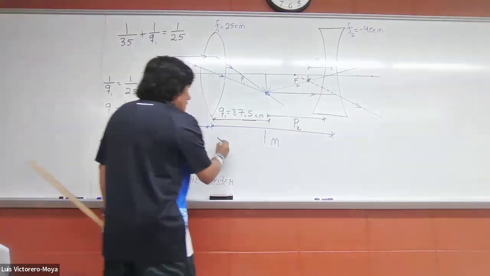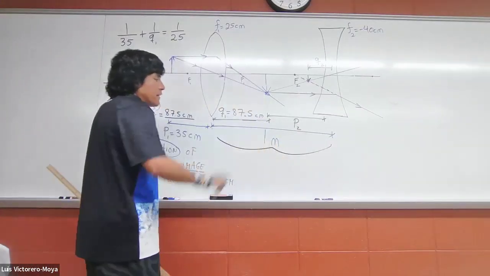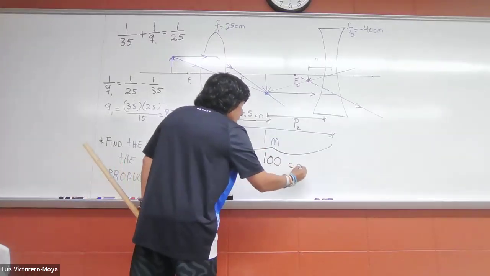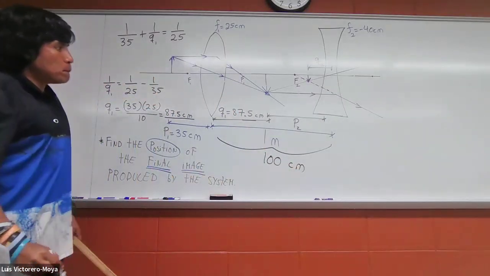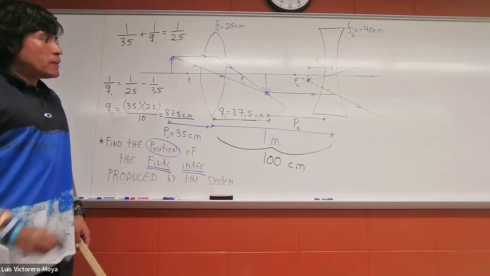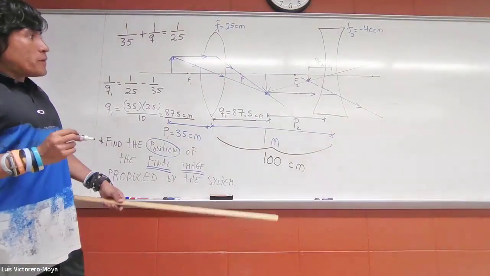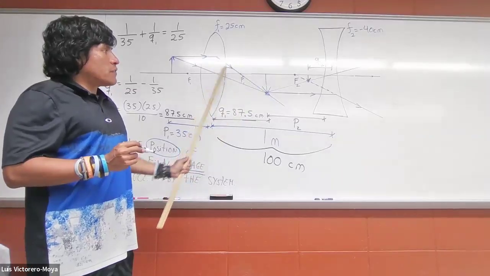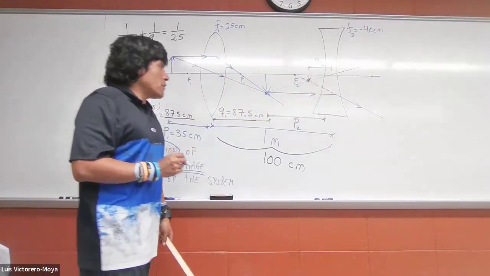But all this distance is 1 meter. 1 meter is 100 centimeters. So I can find P2. P2 is the object distance, the distance between the image due to this lens and the second lens.